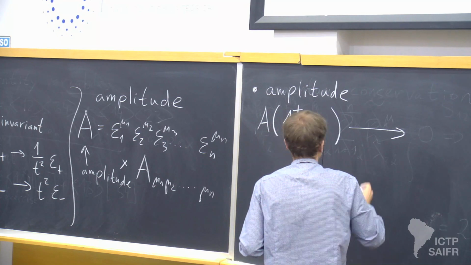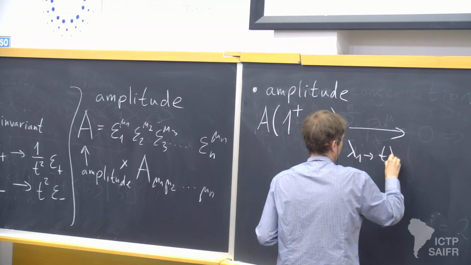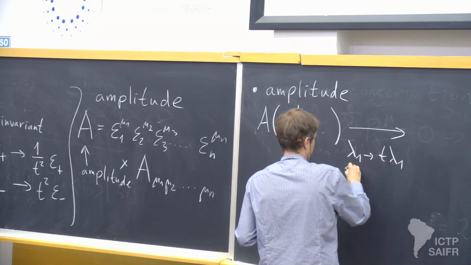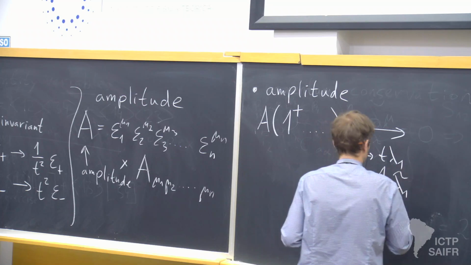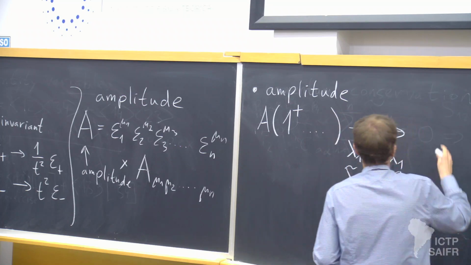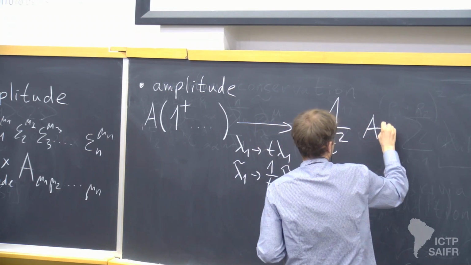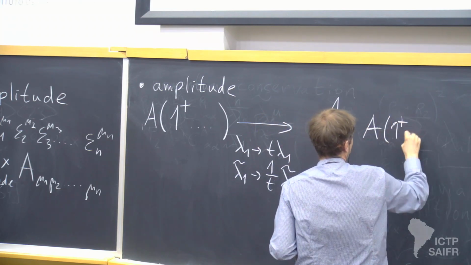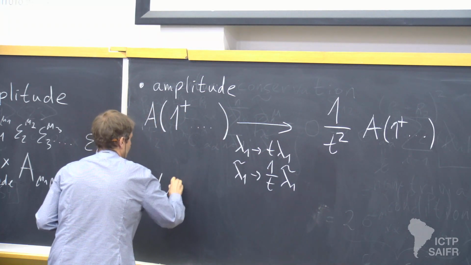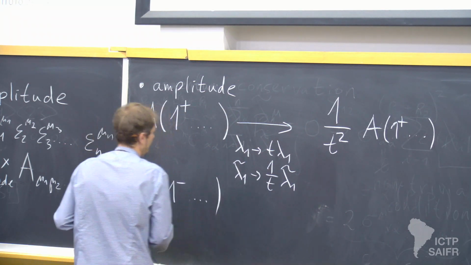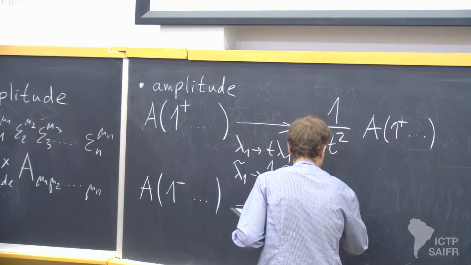If we do the little group transformation, lambda 1 going to t lambda 1, lambda 1 tilde going to 1 over t lambda 1 tilde, this amplitude transforms like 1 over t square. And if we do it for a particle which had negative helicity, it transforms like t square.